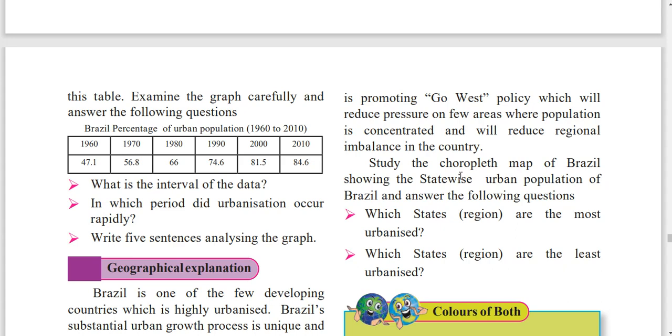Study the choropleth map of Brazil showing the state-wise urban population of Brazil and answer the following questions. Which states or regions are the most urbanized? Which states or regions are the least urbanized?